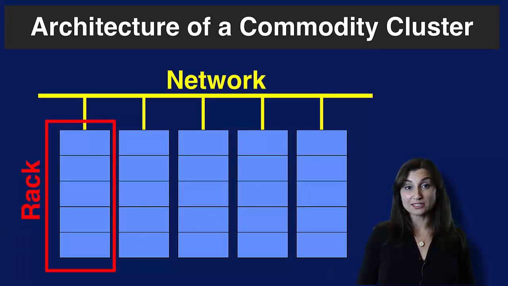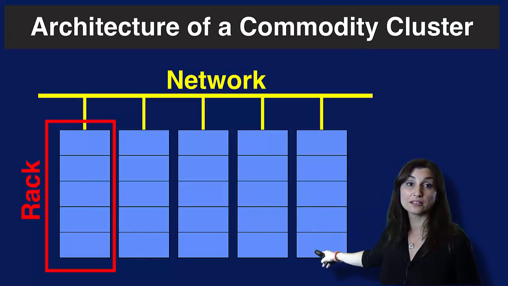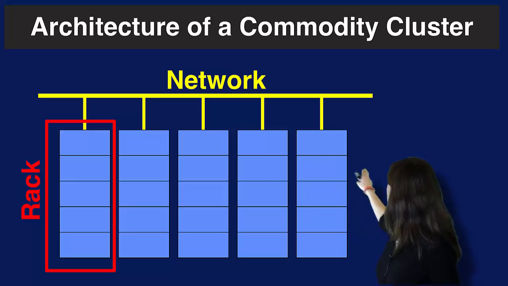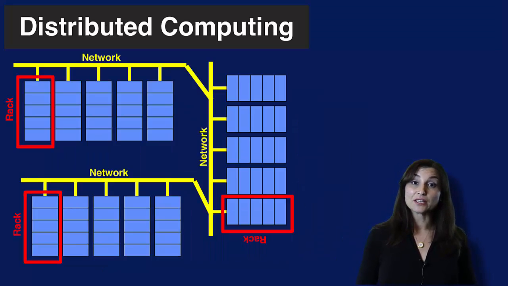In commodity clusters, the computing nodes are clustered in racks connected to each other via a fast network. There might be many of such racks in extensible amounts. Computing in one or more of these clusters across a local area network or the Internet is called distributed computing.